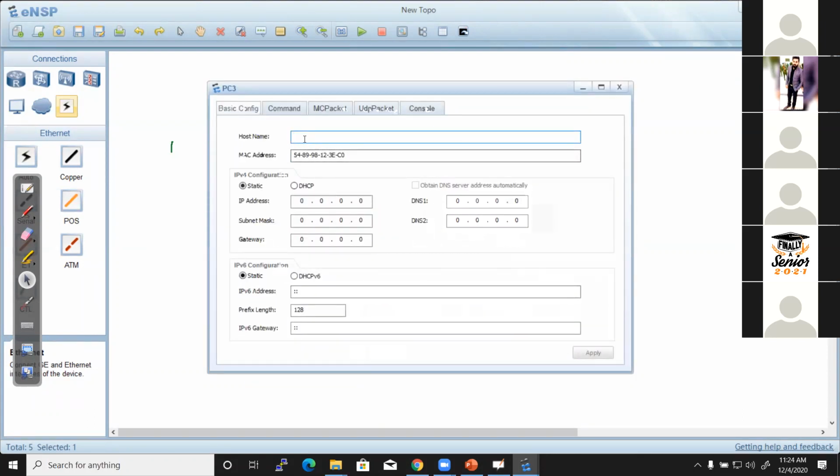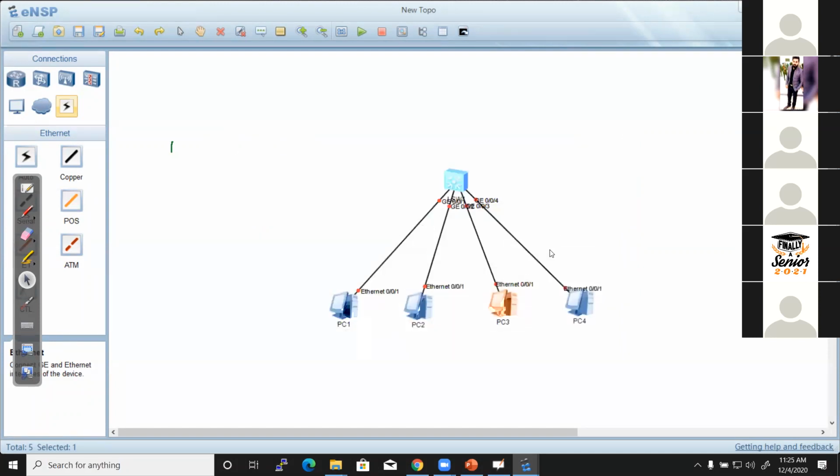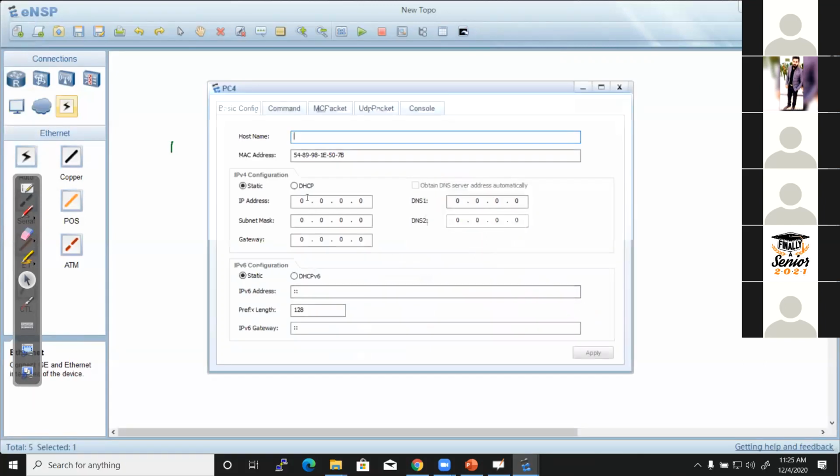For PC3, you can mention the name as well, for example, PC3, 192.168.1.3 and the subnet mask. PC4, 192.168.1.4.